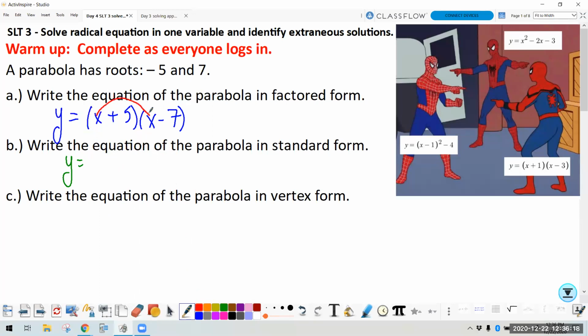So I'm going to go x times x, x times -7, 5 times x, 5 times -7, and then our final answer is combining the like terms.